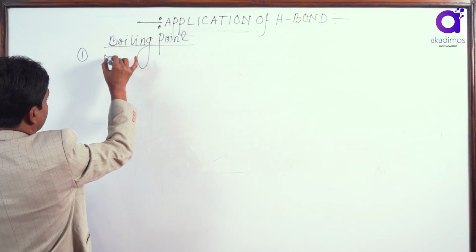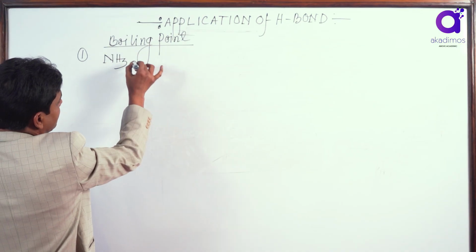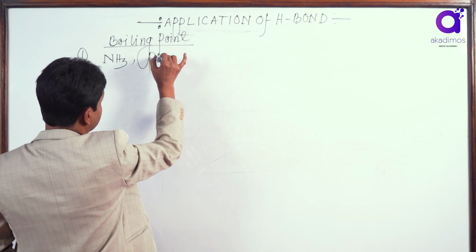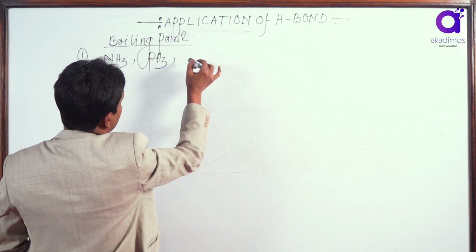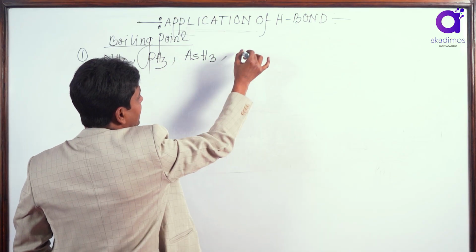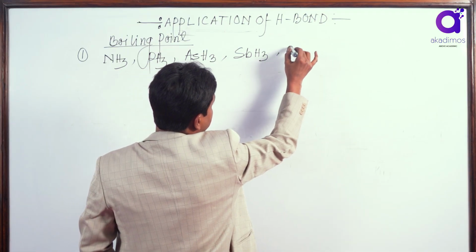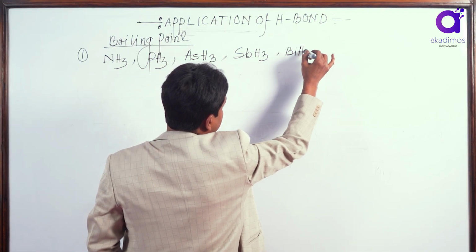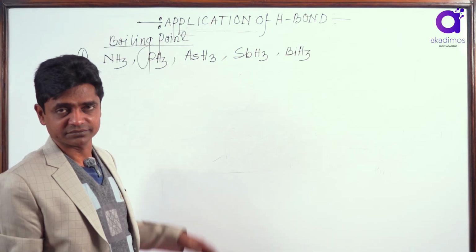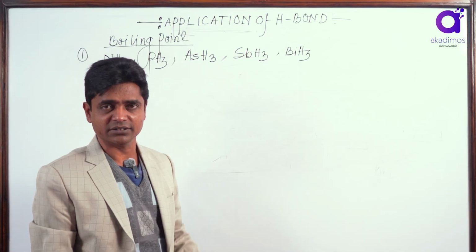Take ammonia NH3 in the group 15 hydrides, PH3, AsH3, SbH3, and BiH3. I have taken here group 15 hydrides: nitrogen, phosphorus, arsenic, antimony, bismuth.